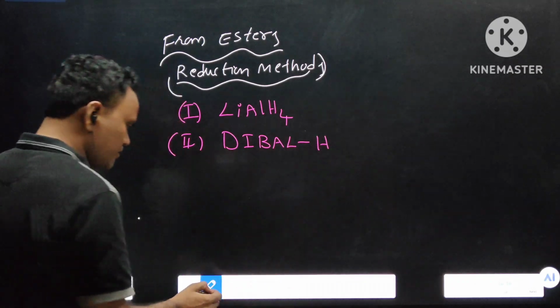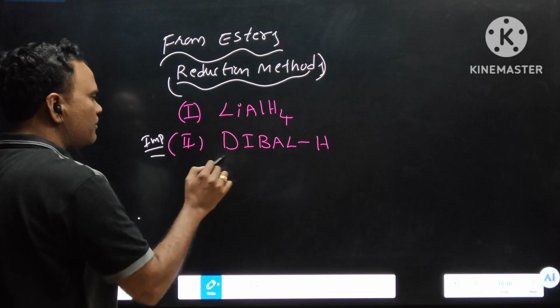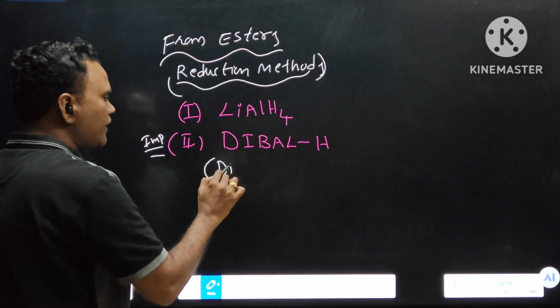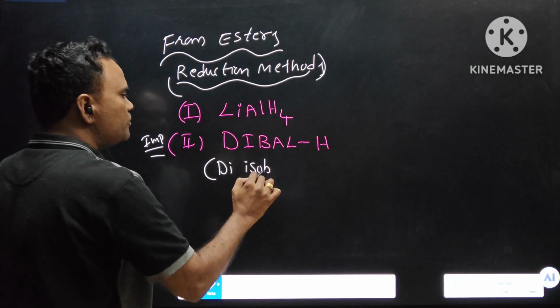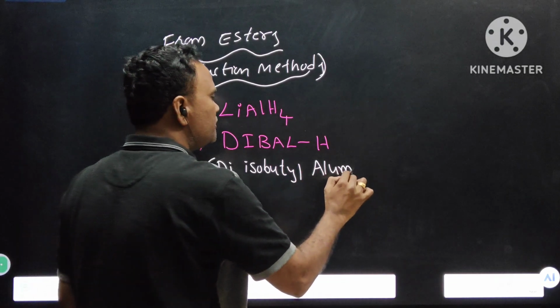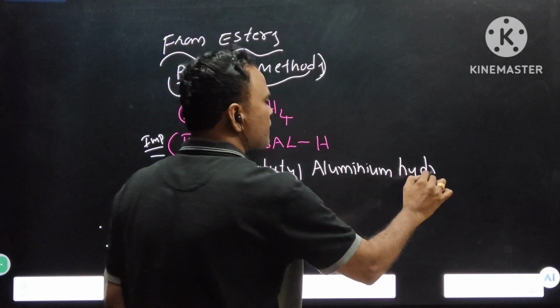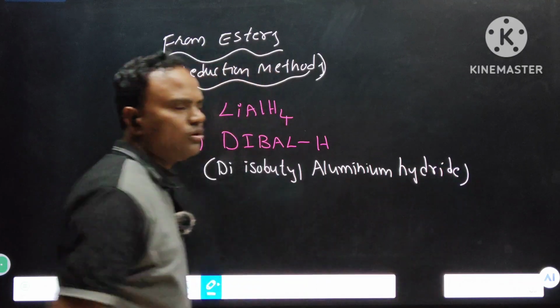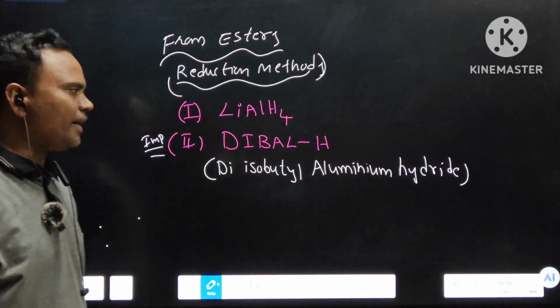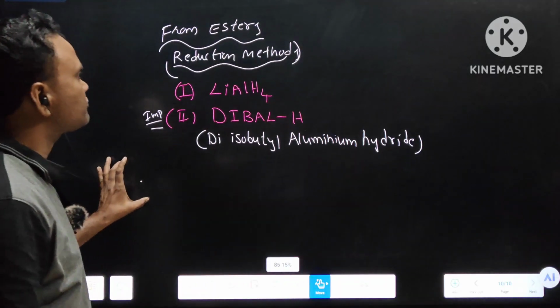The abbreviation is diisobutyl aluminum hydride. You should know the names also, okay? Diisobutyl aluminum hydride. Once look at this, all of you.